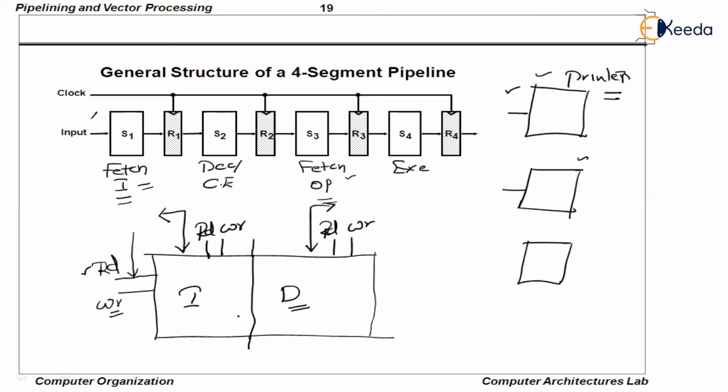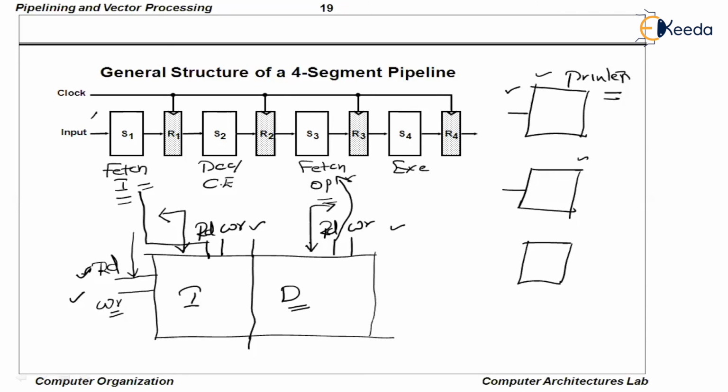But now what you do, being a pipeline designer, is rather than using a single read and write pin, you use separate read and write pins for both instruction memory and data memory, and connect the first read pin to the fetch the instruction segment, and the second read pin to the fetch the operand segment. So obviously, these two can work in parallel.